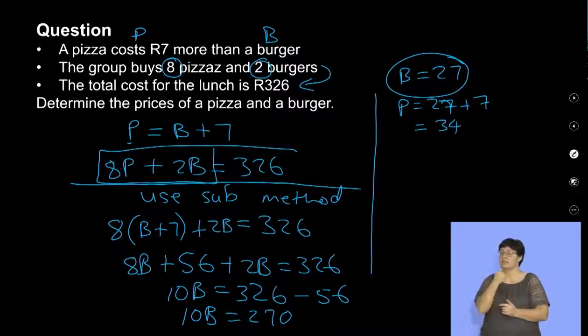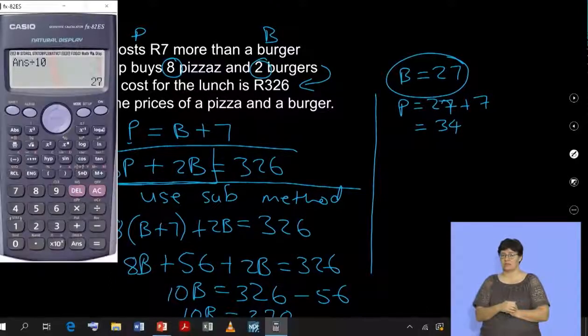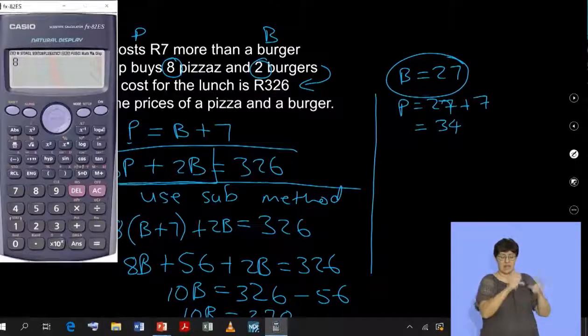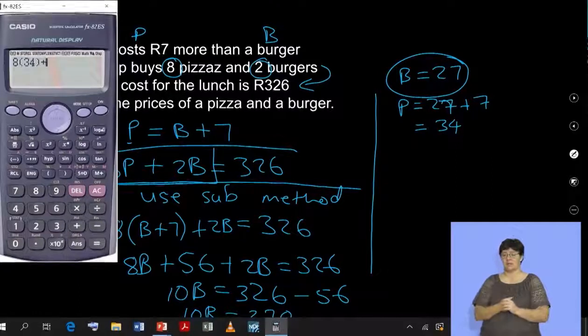So my pizza, they bought 8 of them, multiplied by the 34 rand each, plus they bought 2 burgers, which go for 27 rand, and this gives me 326 rand. So you can see we did the right thing there.